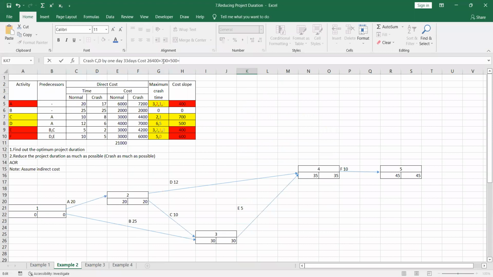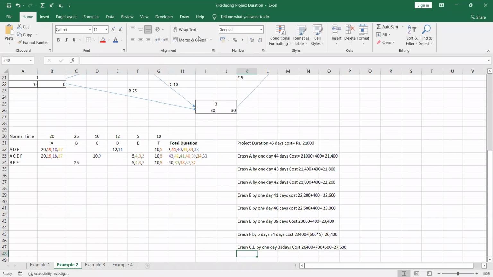So after adding, how much value are you getting? 27,600. Very good. So can you see still ADF and ACEF are the critical path.